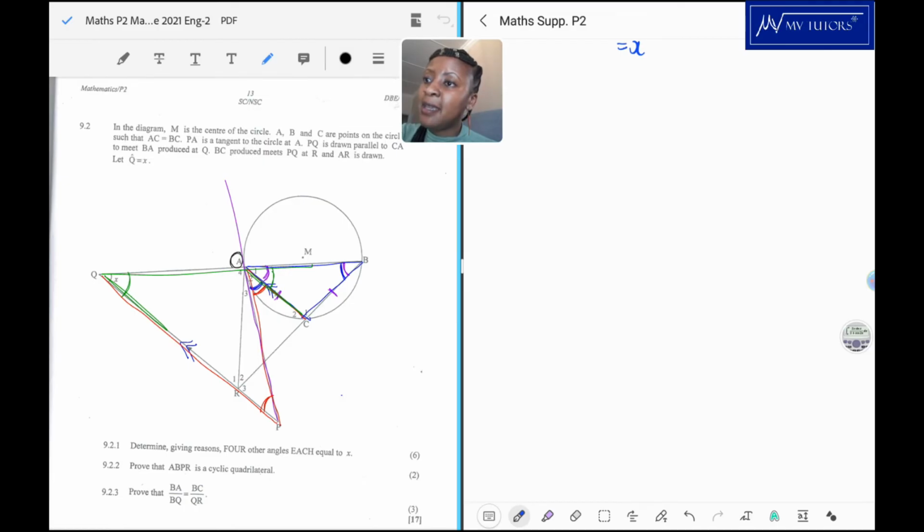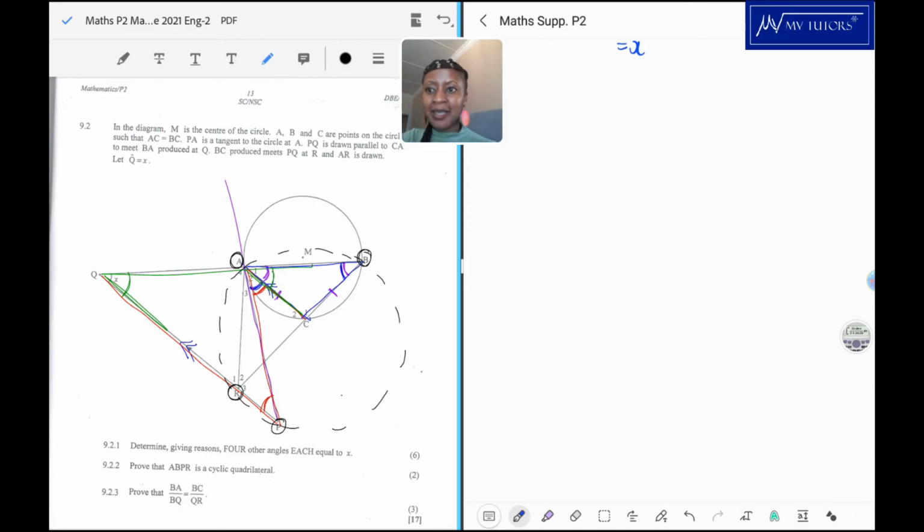So there's A, P. Guys, sometimes this question confuses people. Like, how can ABPR be a cyclic quad? Basically, what they're saying is there is a circle where ABPR is a cyclic quad too.